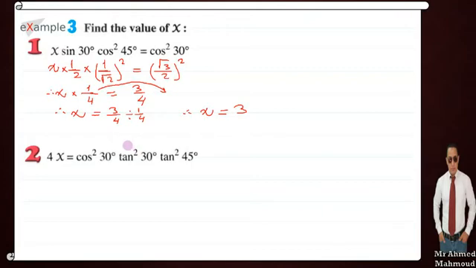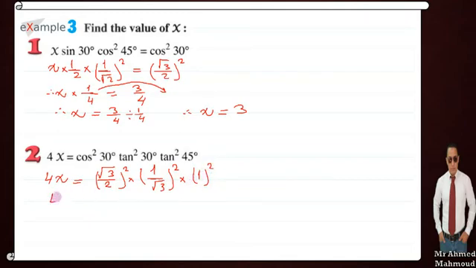Number 2: 4x equals cosine square 30 times tan squared 30 times tan squared 45. It will be 4x equals cosine square 30, which is root 3 over 2 all to the power of 2, times tan square 30, which is 1 over root 3 all to the power of 2, times 1 all to the power of 2.